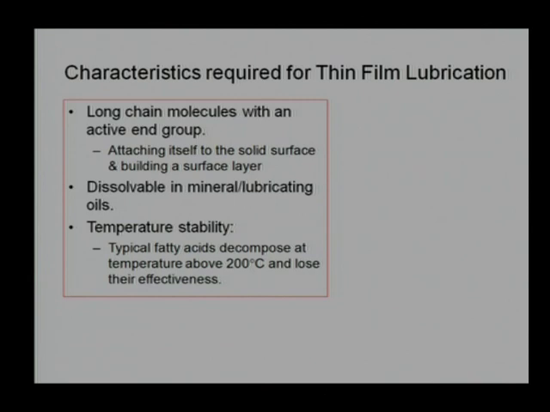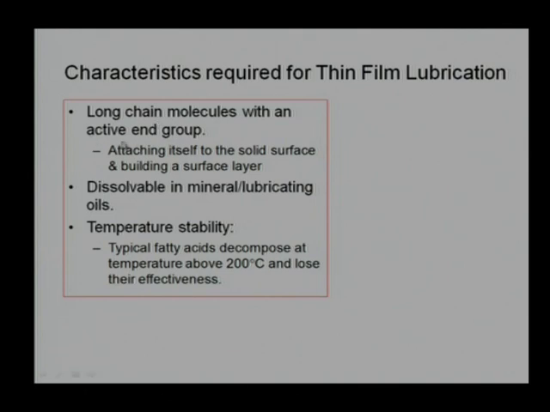Now, we say what are the characteristics which are required from this boundary lubricants or thin film lubricants. First foremost thing is a long chain, a long tail. Longer the tail, better the results. Lesser will be the coefficient of friction. So, we require long chain molecules with one active end group.